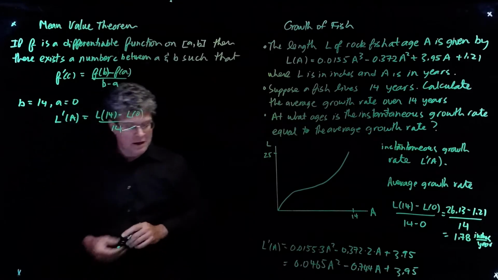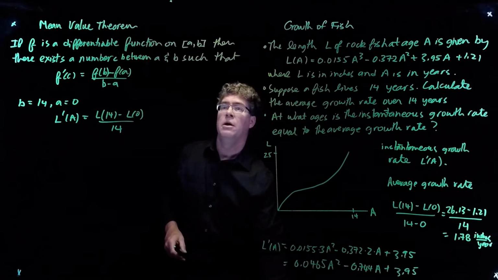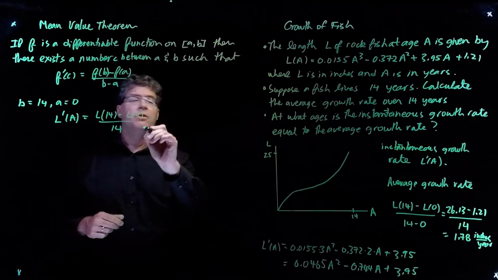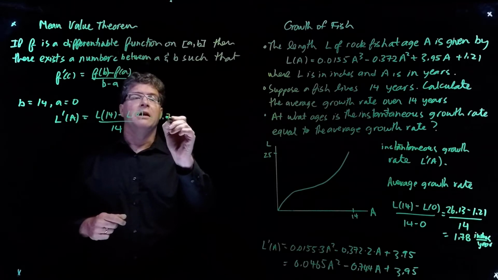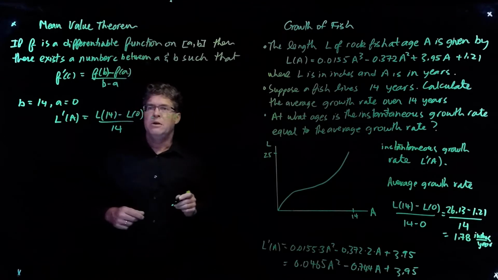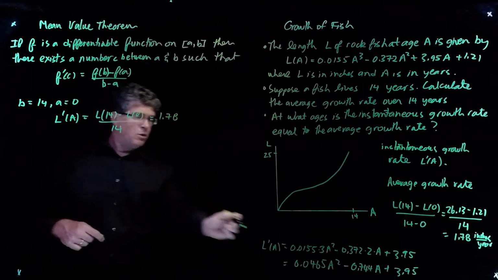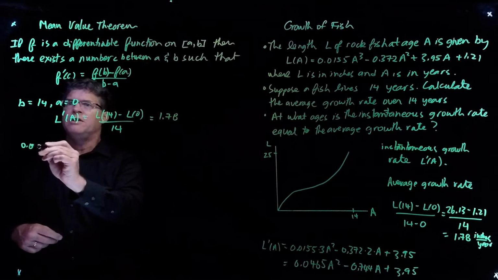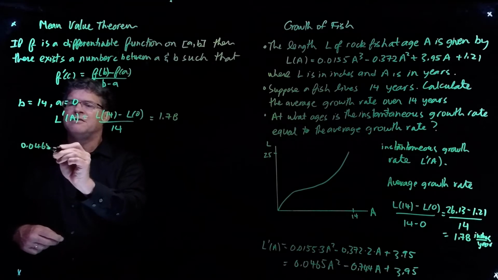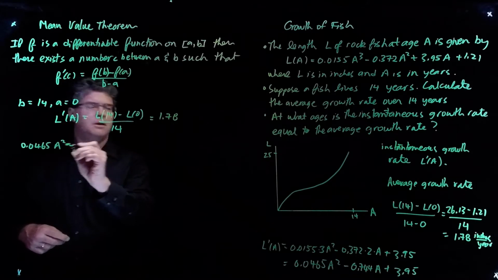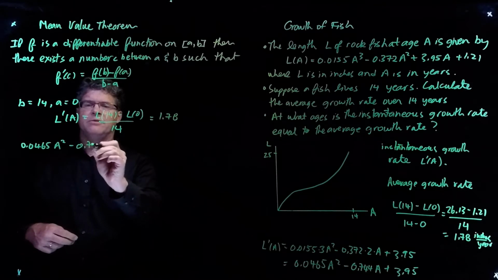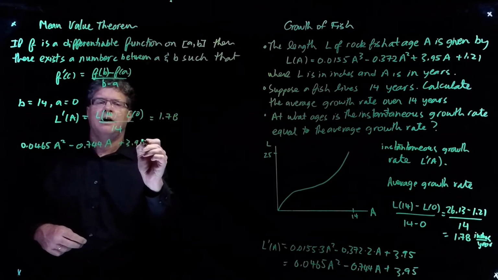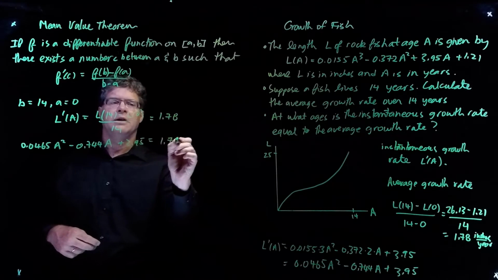Okay, so let's calculate the value or values of A that satisfy this equation, recalling that this value is 1.78. We put the polynomial on the left-hand side: 0.0465 a squared minus 0.744 a plus 3.95 is equal to 1.78.